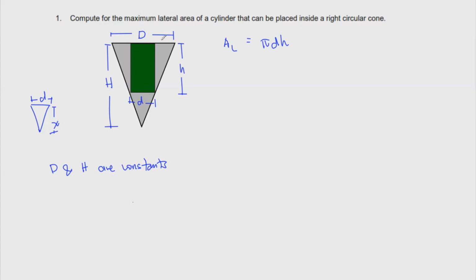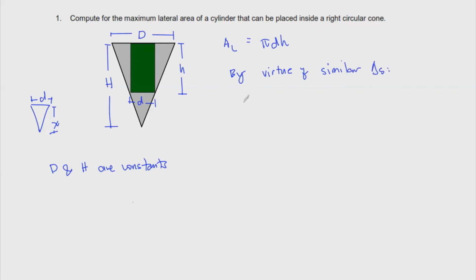You can see it right here. So basically they are similar triangles, and if they are similar triangles, we can just use similarity for this.